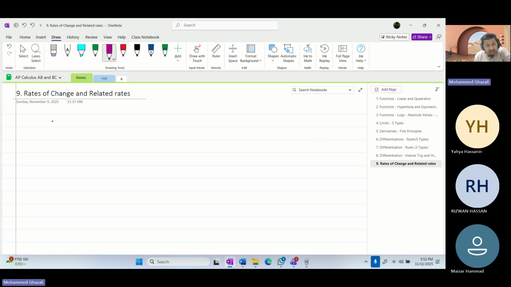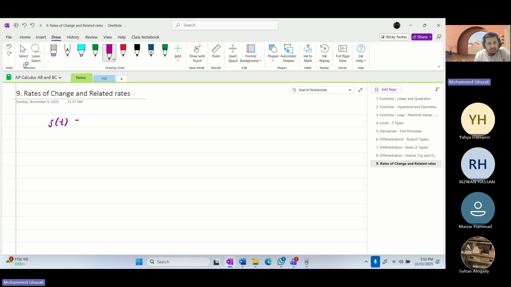For example, we're looking at the S of t function, which is the displacement, of a particle or a moving car. Displacement, or sometimes called distance if you're taking the absolute value of it.